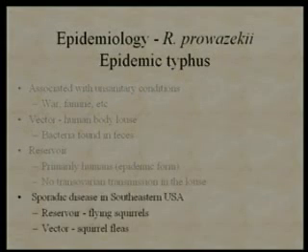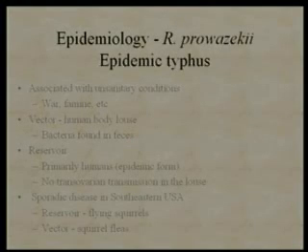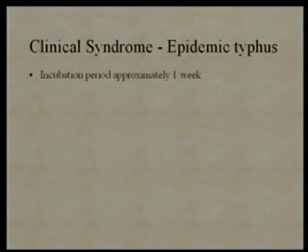Now, as I said, there is a sporadic form of this disease that's seen actually in this part of the country, where the reservoir are flying squirrels, and the vector looks like it's the squirrel fleas, and so we get bit by the fleas. But this is just occasionally you get infections. This is not the way the epidemic form is passed. The epidemic form is by human-to-human transmission. Human louse human transmission.